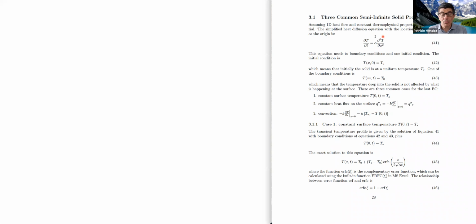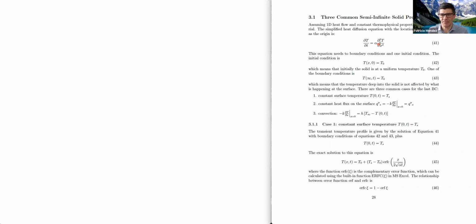This is a linear equation. This is a homogeneous equation. This is a partial differential equation. This equation has two independent variables that are space and time. This equation has one dependent variable, which is temperature, that depends on space and time.